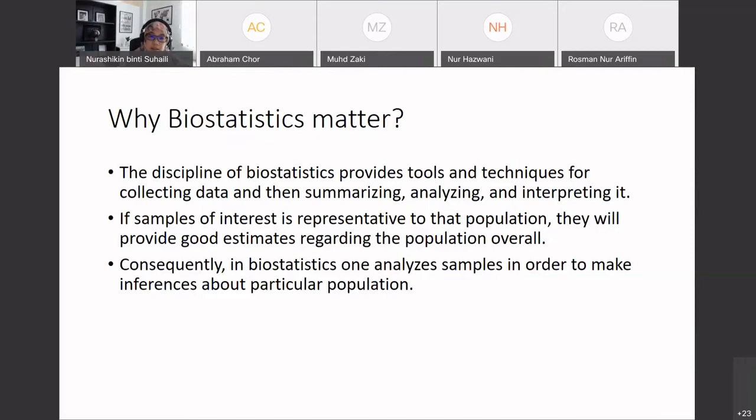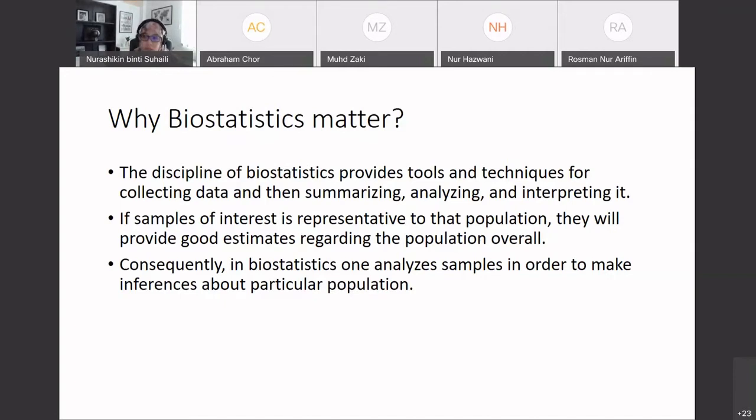Yeah? So as I mentioned just now, when we do experiment, you collect the data. It's not yet over there. You have to analyze the data. What you meant by analyze is the simple thing is when you calculate, for example, the mean, the average. Let's say you have replicates, you have raw data result for replicate 1, replicate 2, replicate 3.